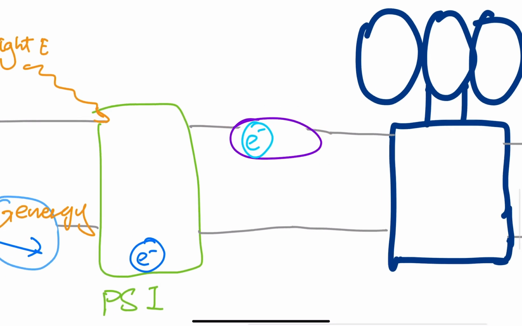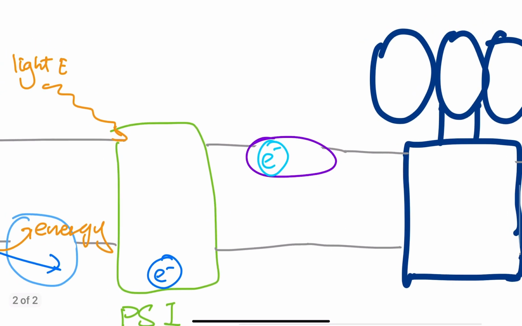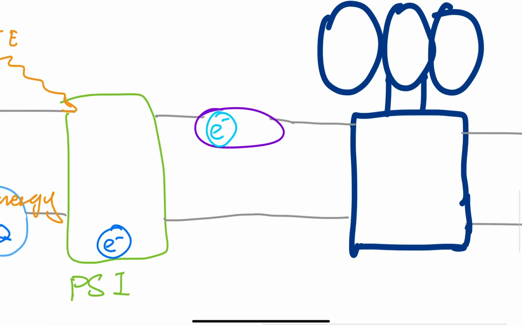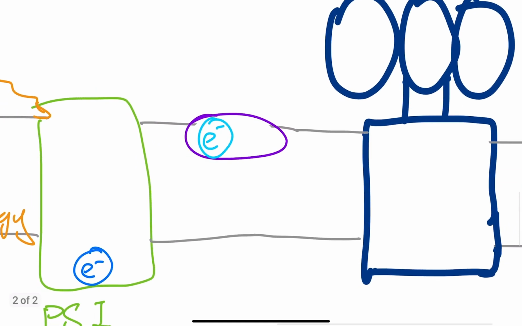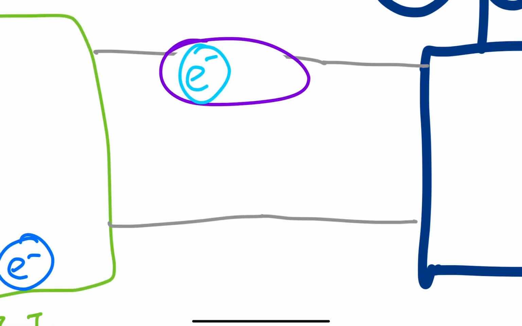And here a reaction happens. The reaction that happens is what I explained in the video I just previously uploaded. It is the reduction of NADP.